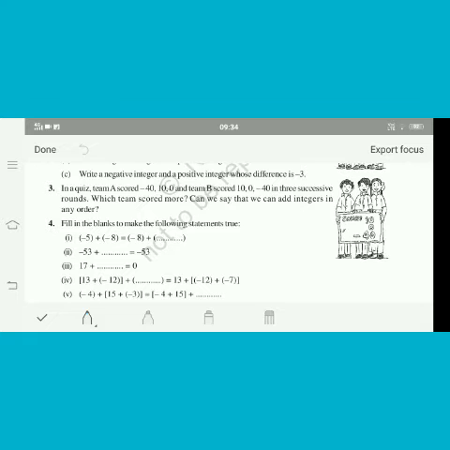Team A scored. First we have to write the score of team A. So team A is this one: -40, 10, and 0.